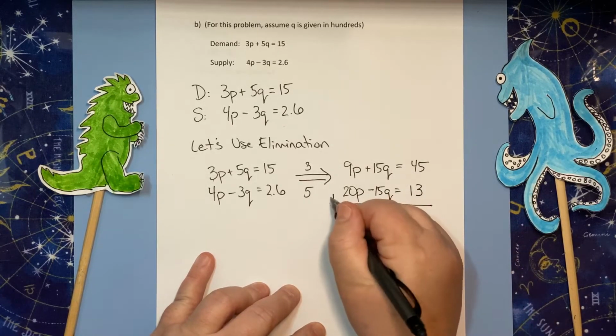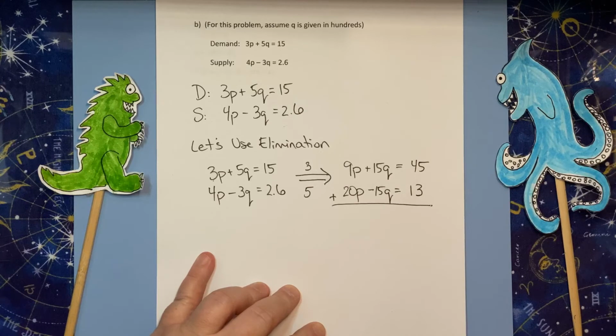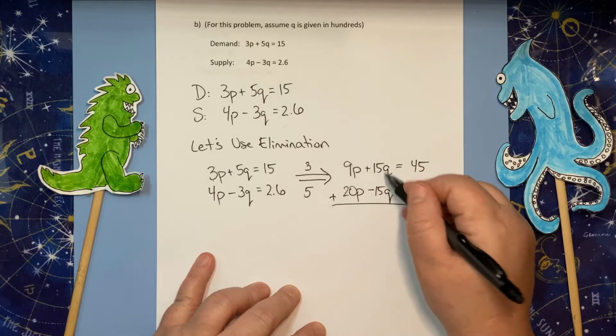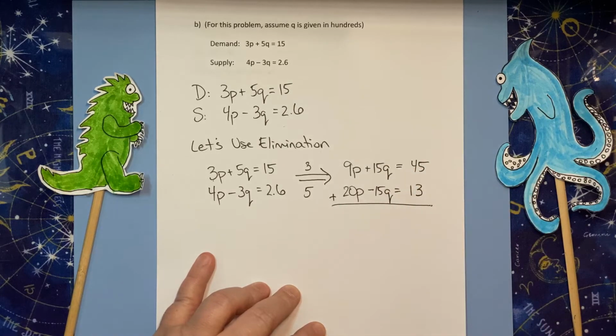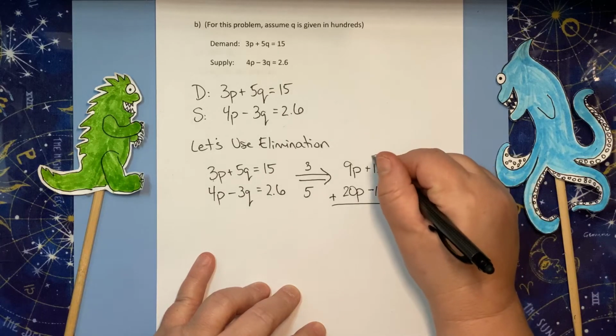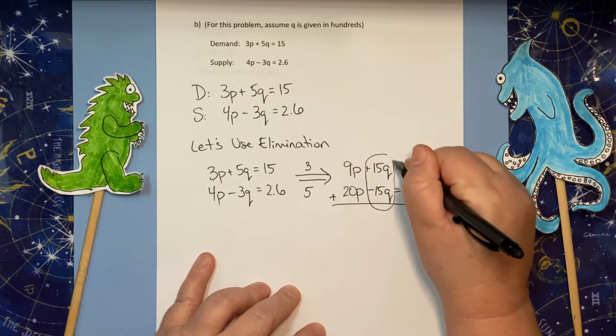In the next step, we add. Now, in a perfect world, if we did this correctly, the way elimination works is you set it up so that when you add, the Q disappears or is eliminated, right? So if we do that correctly, the Q's cancel out.